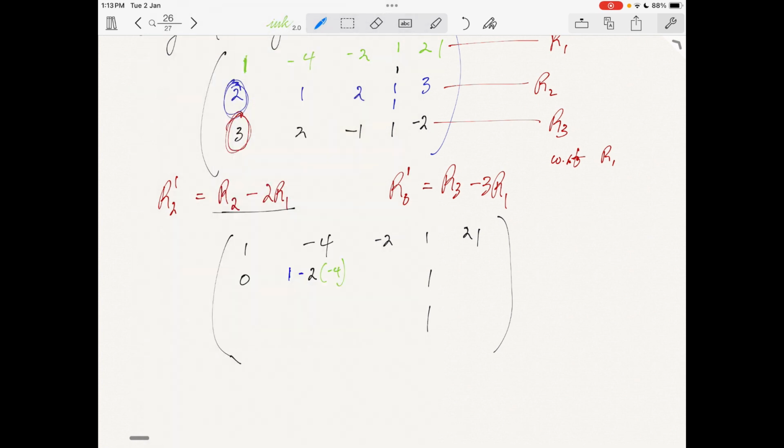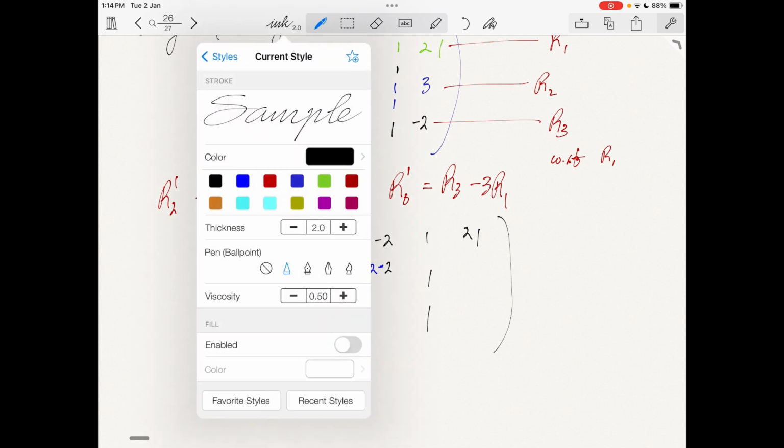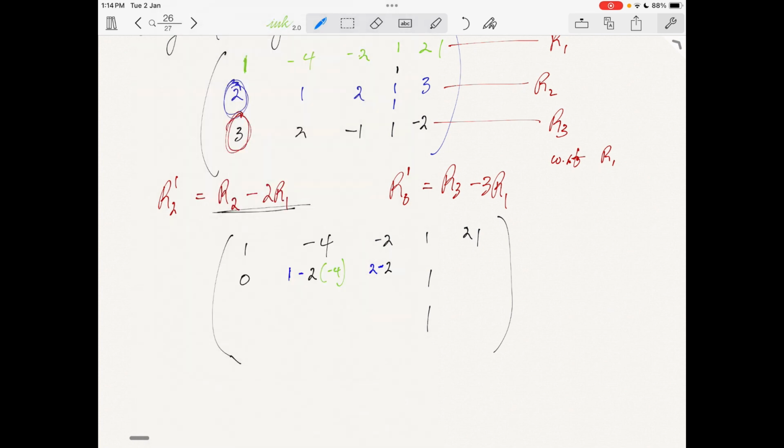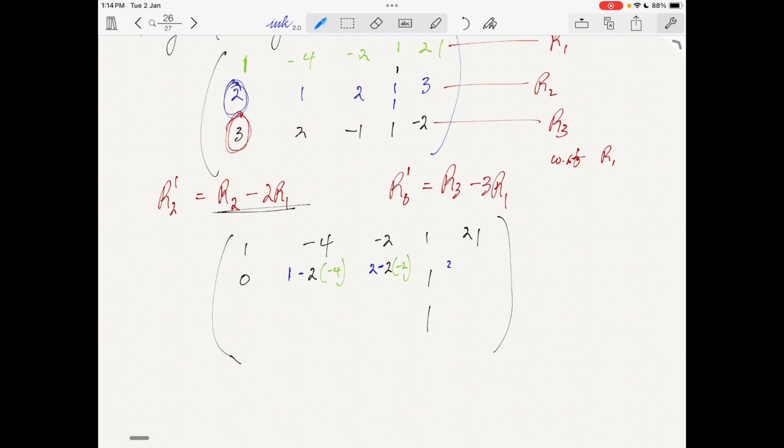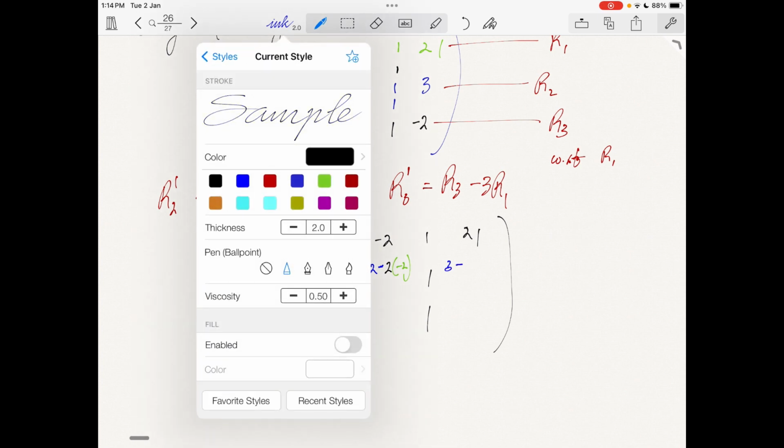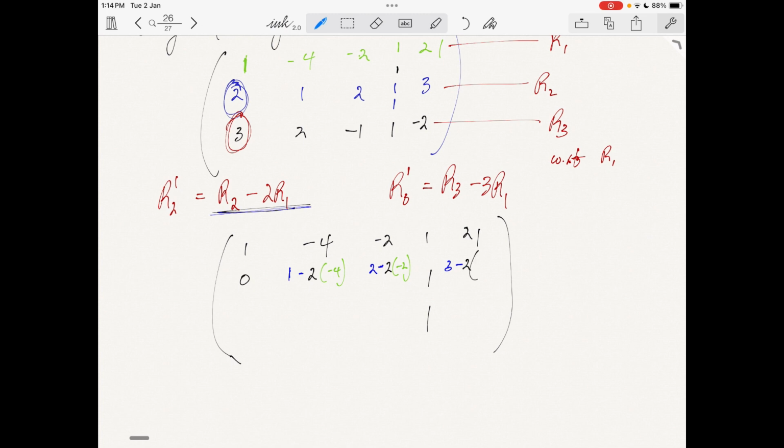And this one will give us 2 minus, following the formula, row 2 minus 2 row 1, and our row 1, following the green pen, is minus 2. Repeating the same thing, we have 3 minus 2, and our row 1 in this case is 21.